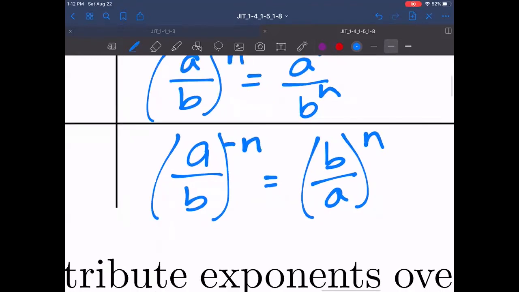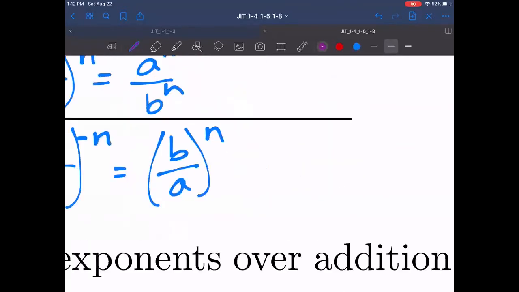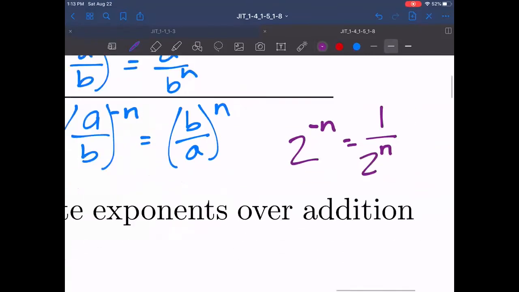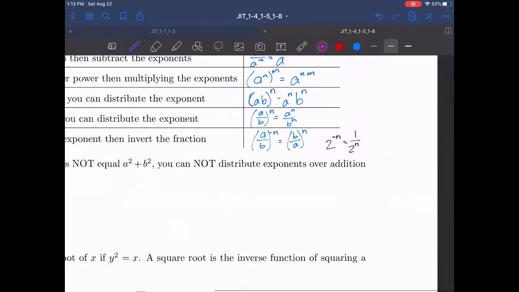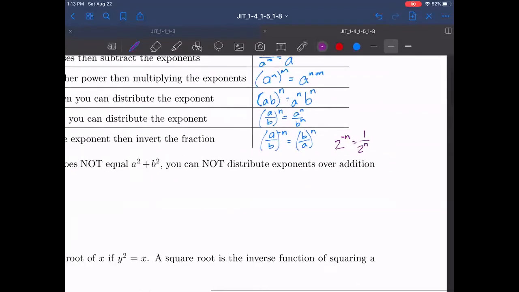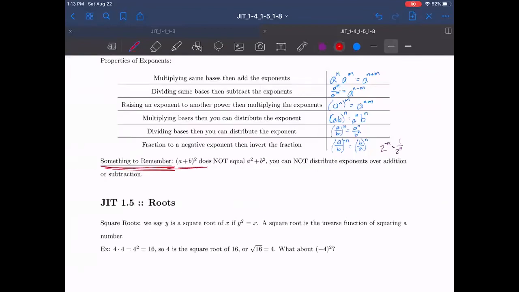If I had something like 2 to the negative n, that's the same as saying 1 over 2 to the positive n. That's just a special case of that property. Something to remember, I mentioned this, but if you're adding, you cannot distribute the exponent. Or when you're subtracting, same process. You can only do that if you're multiplying or dividing.